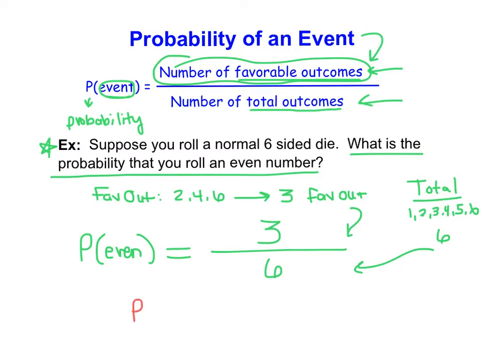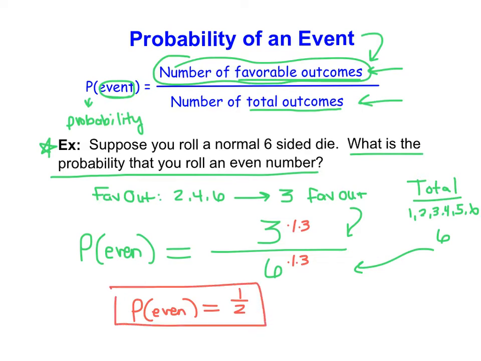So here I have the probability of an even number being rolled is 3 over 6. But that's not in simplest form, and we know that we need to simplify fractions. So if I divide each of these by 3, I get 1/2. So the probability that I roll an even number is 1/2.